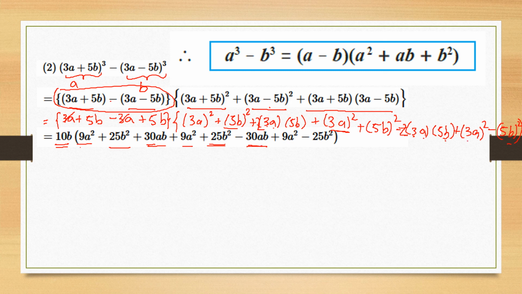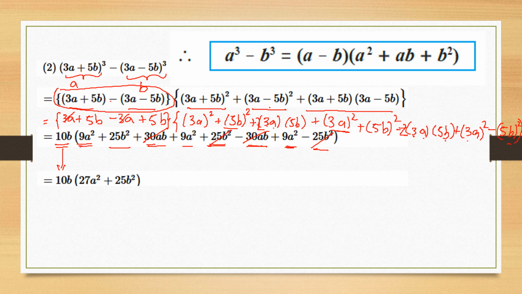And here (3a) the whole bracket square will be 9a square, minus (5b) the whole bracket square will give you 25b square. So now if you see, this plus 25b square minus 25b square will get cancelled. Plus 30ab and minus 30ab will get cancelled. So next, if you see, this 10ab as it is.